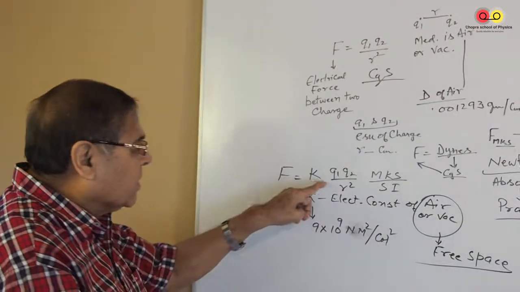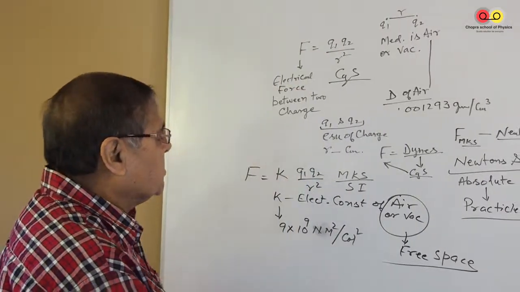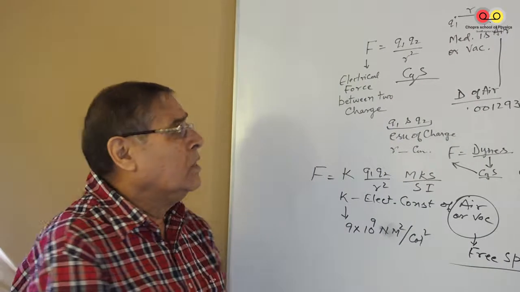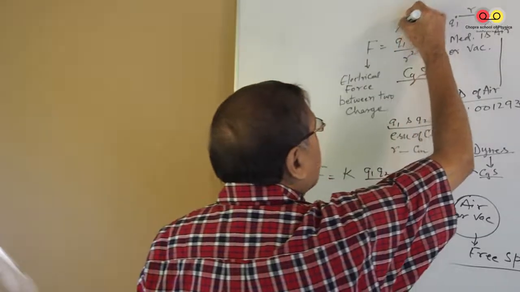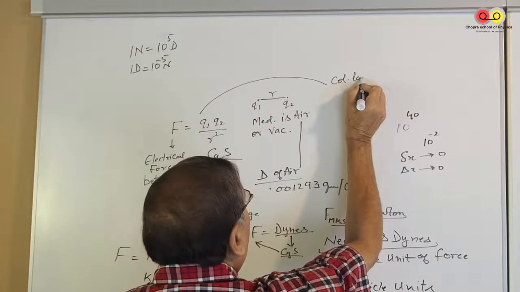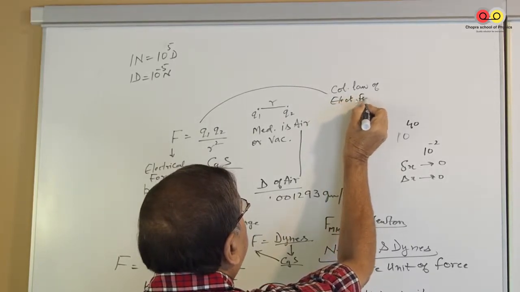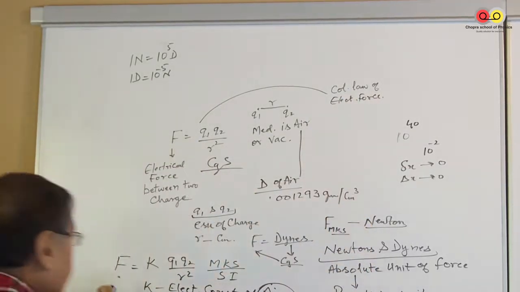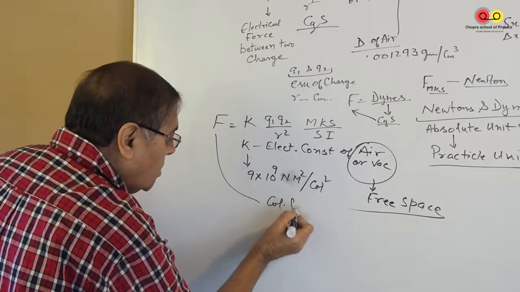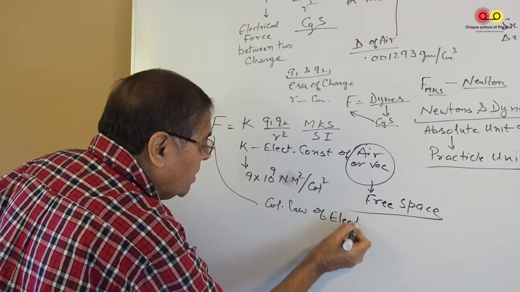The formula which we have earlier written, CGS or MKS, is basically known as Coulomb's law of electrical force.